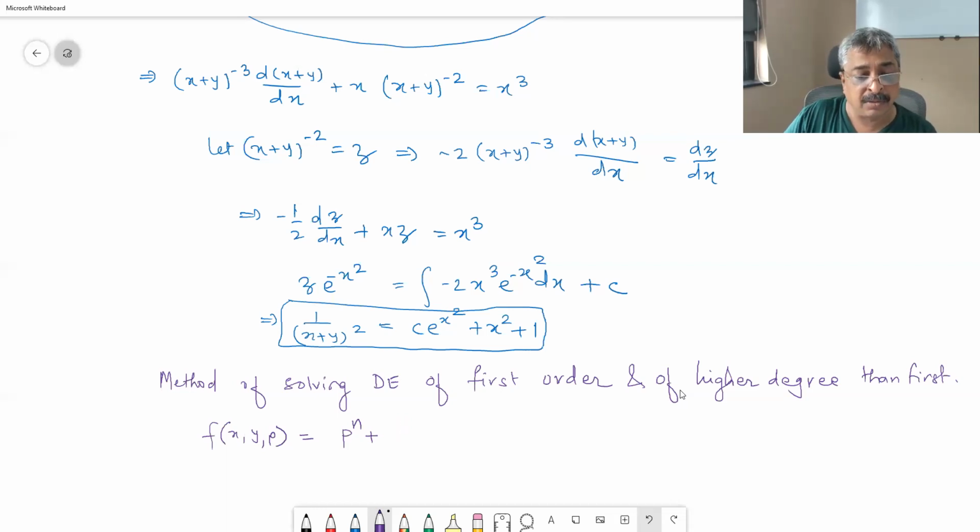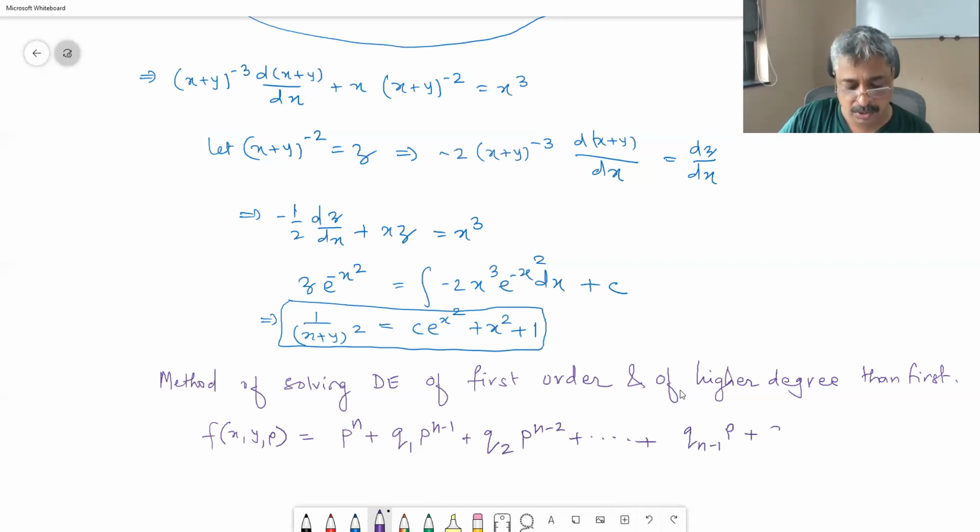So maybe I will take some other: q1 p raised to n minus 1 plus q2 p raised to n minus 2 plus dot dot dot plus q(n-1) p plus qn is equal to 0.